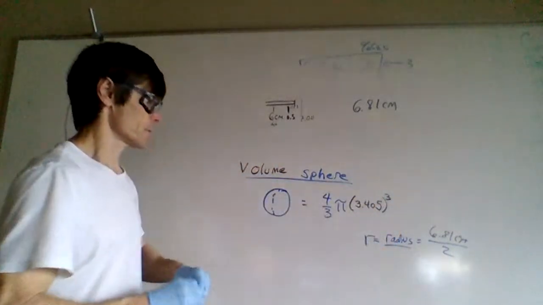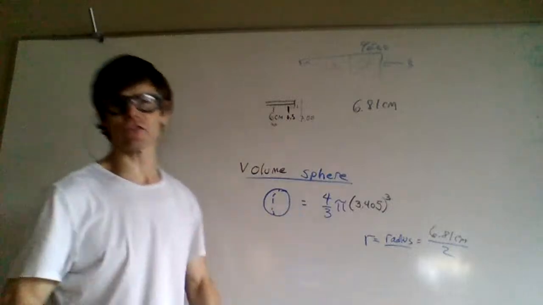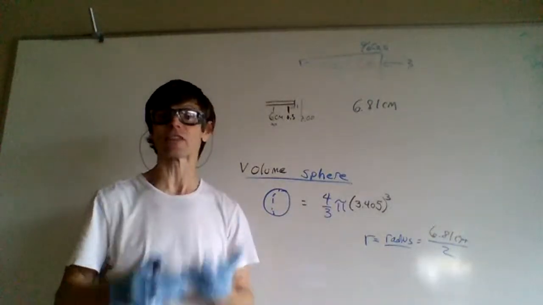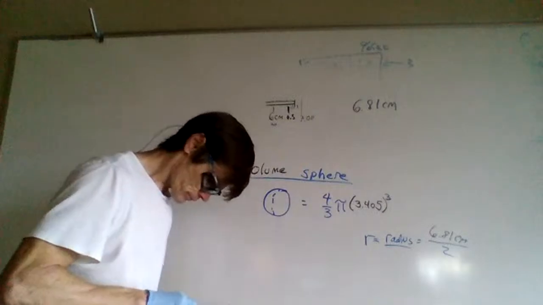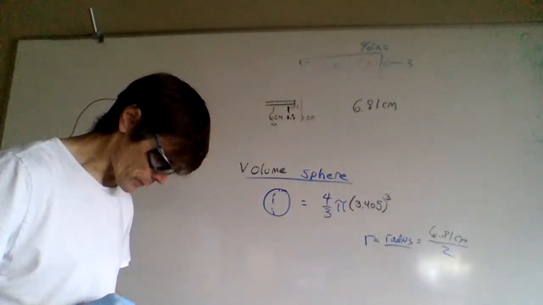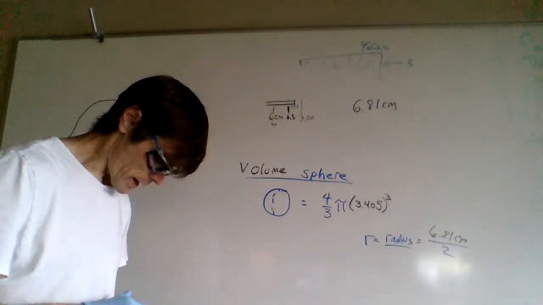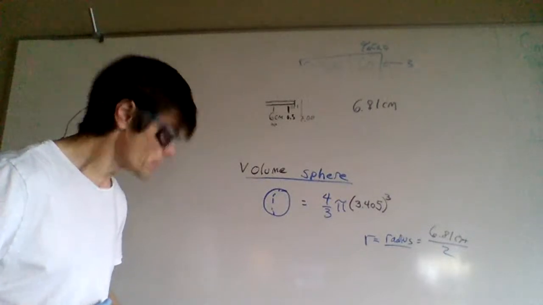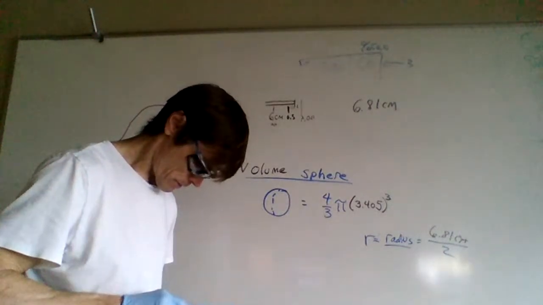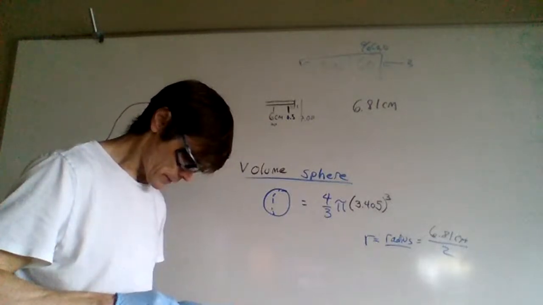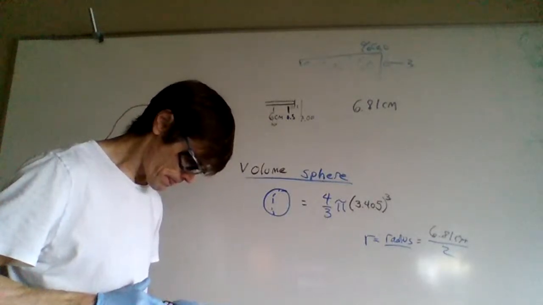Cubed. Now we can plug this into our formula and calculate the volume for that styrofoam. So I got 3.405 raised to the third, multiplied by pi, times 4, divided by 3.